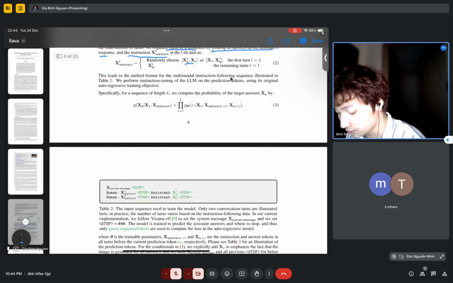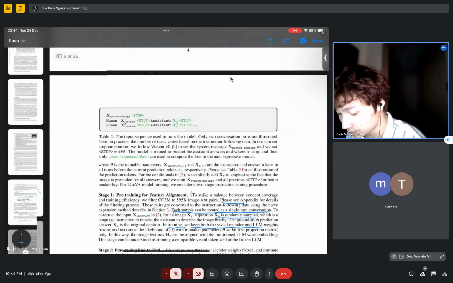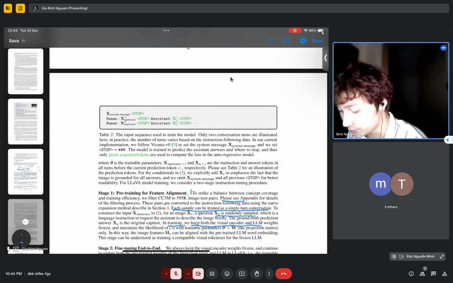Here is an example of where the stop token is, and the stop token is actually the triple of this symbol.